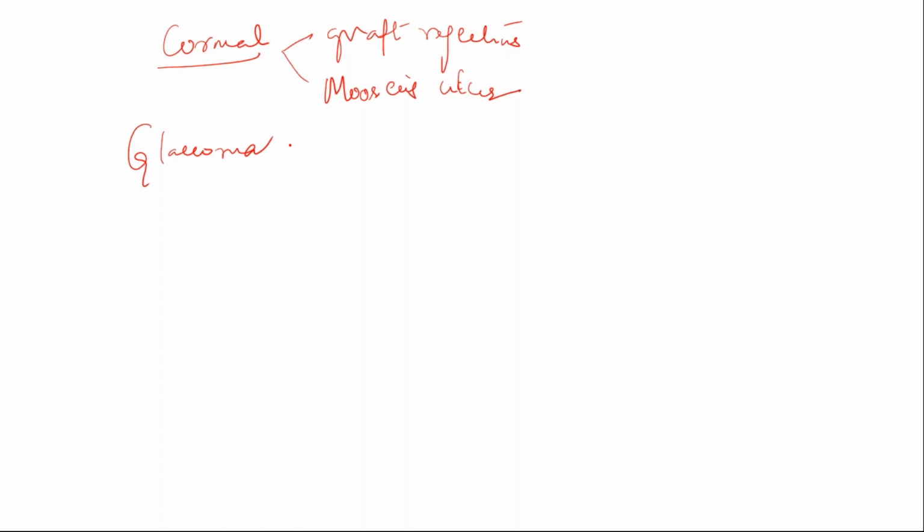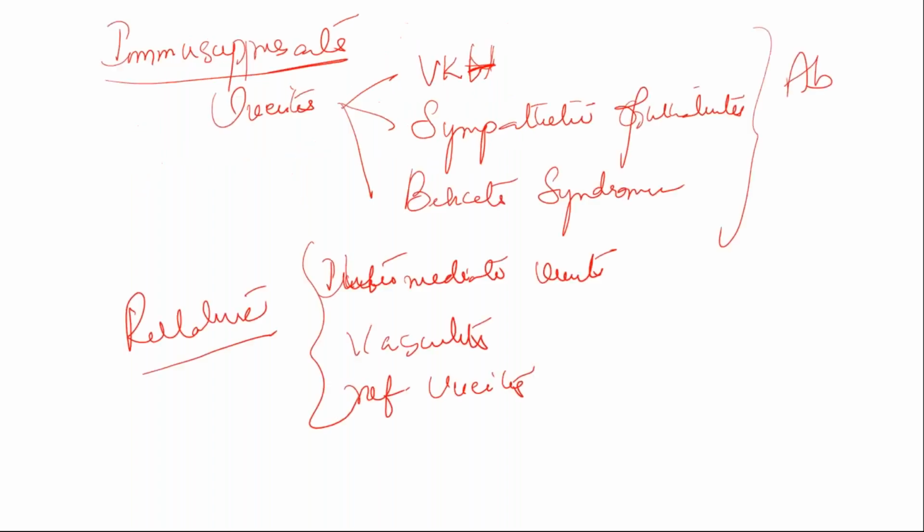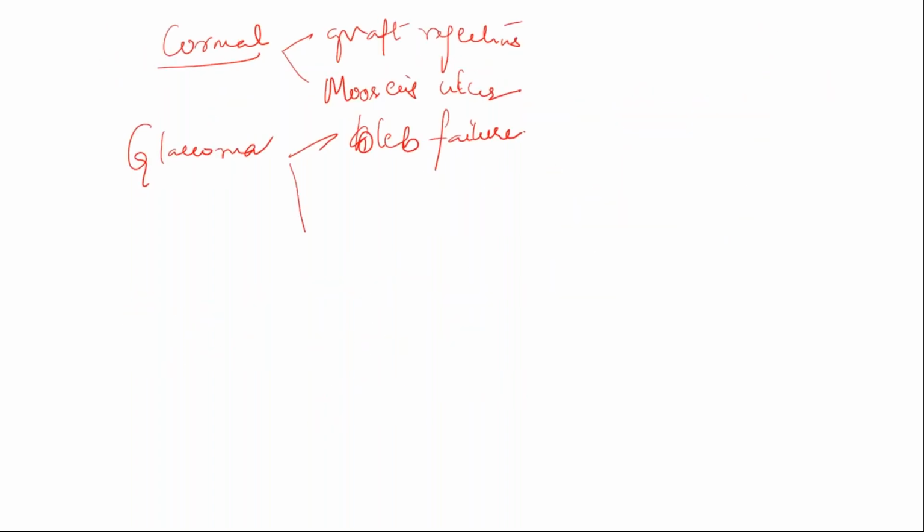After glaucoma filtration surgeries, we give immunosuppressants if there is any bleb failure, or for treatment of bleb failures. So sometimes in recurrent pterygiums, we can use immunosuppressants, but very rarely. In other cases like cicatricial pemphigoid, any scleritis, refractory scleritis, then also we are supposed to start immunosuppressants.